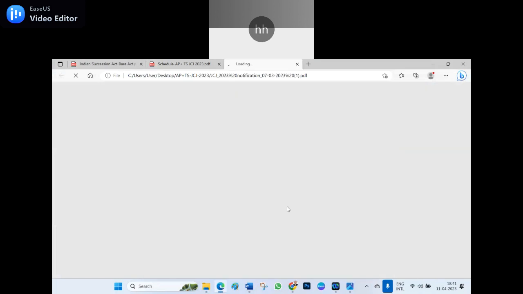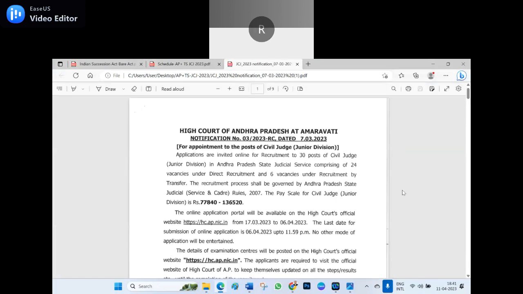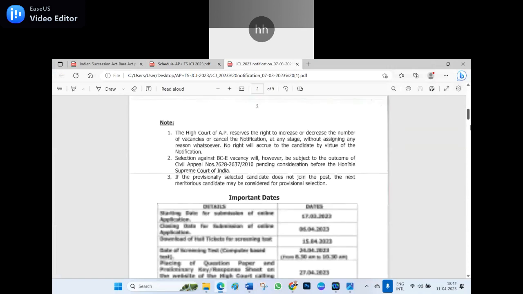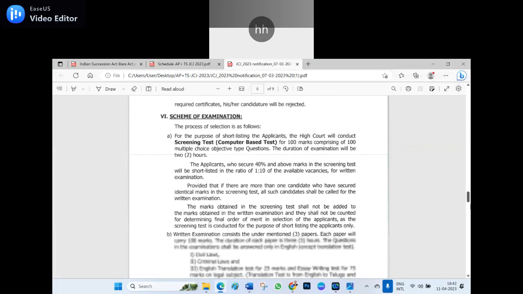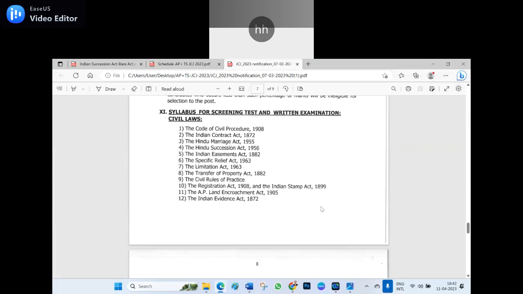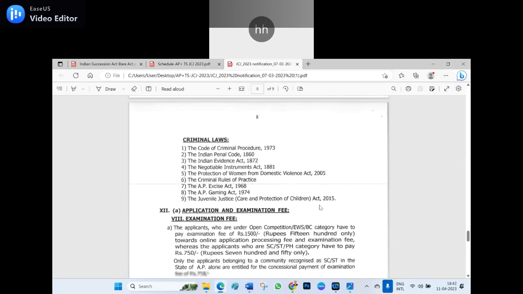Okay, let me check, because this is Andhra Pradesh, and in Andhra Pradesh they did not give many things, only easy things, very few things. The Immoral Traffic Act is civil. Indian Penal Code, Indian Evidence Act, no. It is not there. That's why Lavanya is not participating.